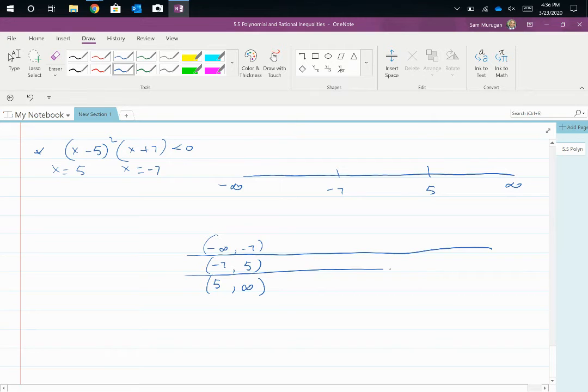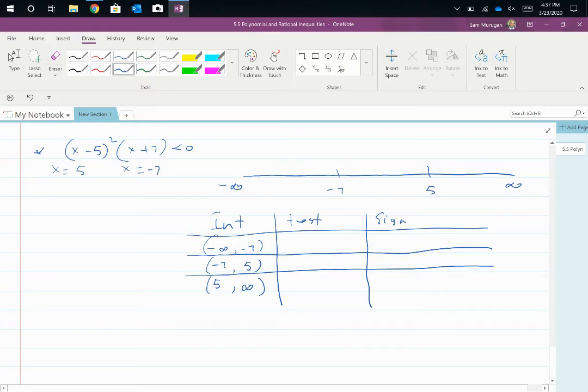Make up your little table: intervals, test, sign, above or below. You can test a number that's less than negative 7, so x equals negative 8.